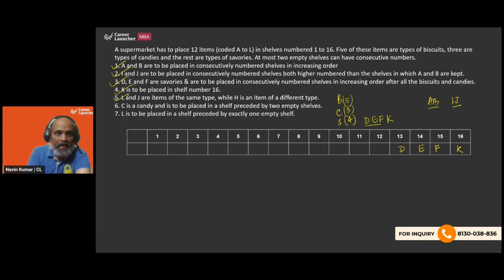L and J are items of the same type. So J and L, they will be items of the same type, while H is an item of a different type. Now, there are going to be two possibilities.